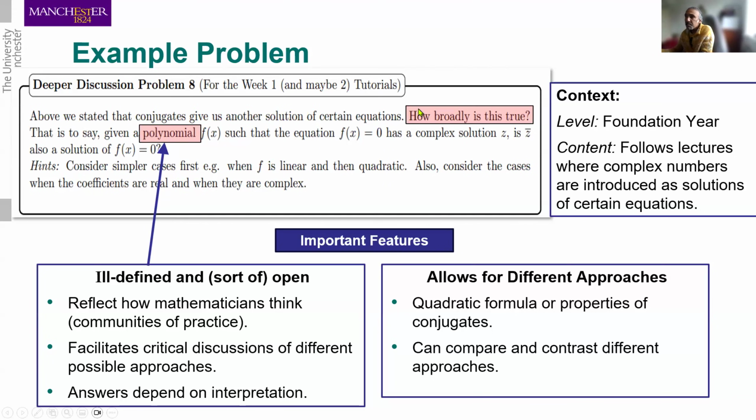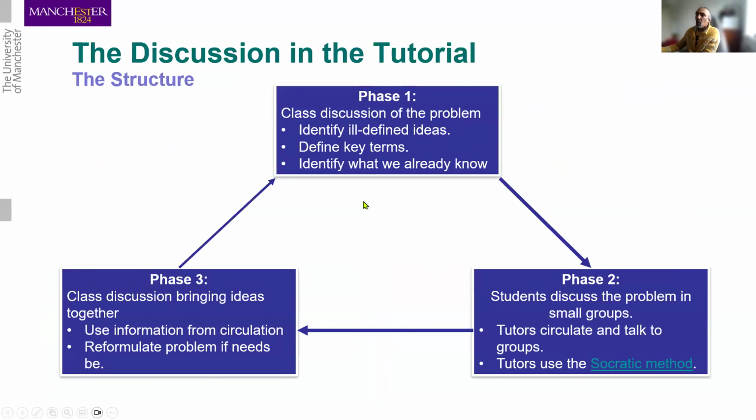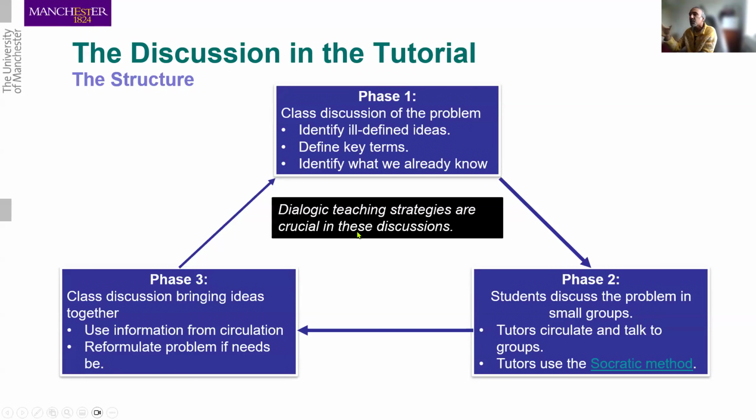So, okay, that's the problem. That's the kind of problem we're thinking of. But then the second part I said was that we really attack this in tutorials. The way these are structured is very intentional and very discussion and dialogue based, for the reasons I mentioned before, particularly to tap into dialogic teaching strategies.